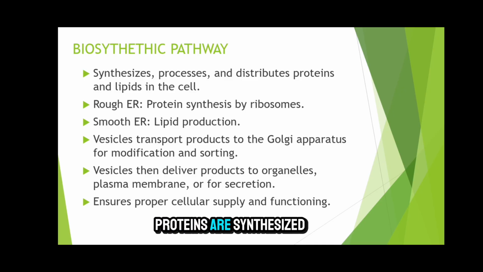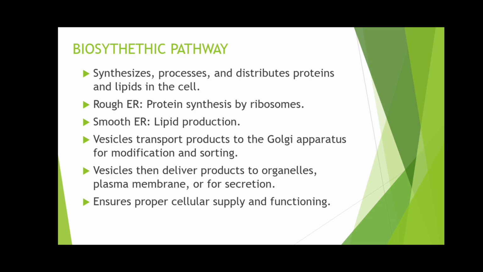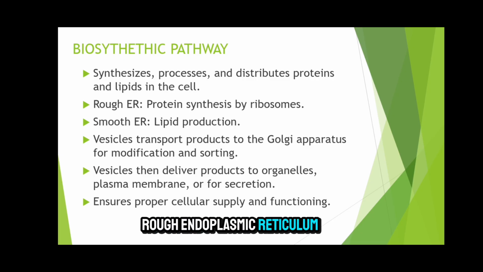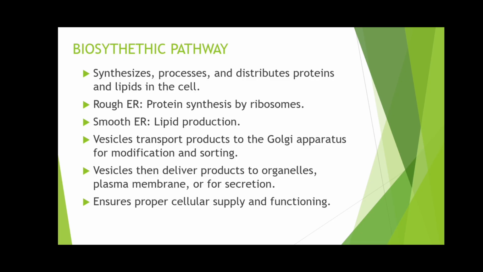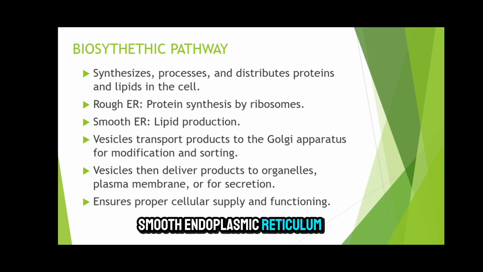Proteins are synthesized with the help of ribosomes, like factories in a city producing essential goods. In the same way, in the smooth endoplasmic reticulum, lipids are made, which are equally important building blocks. So proteins are synthesized in the rough endoplasmic reticulum, and the lipids are synthesized in the smooth endoplasmic reticulum.